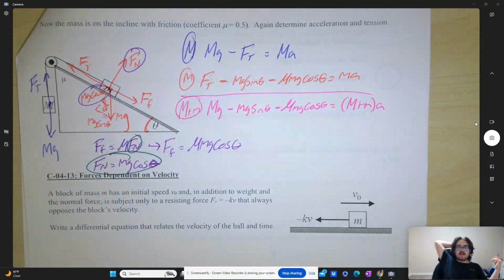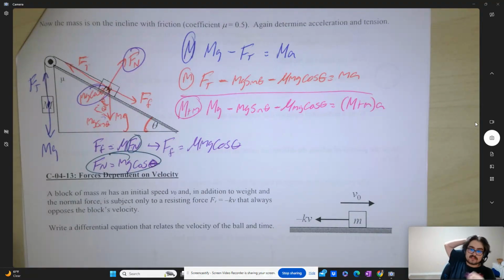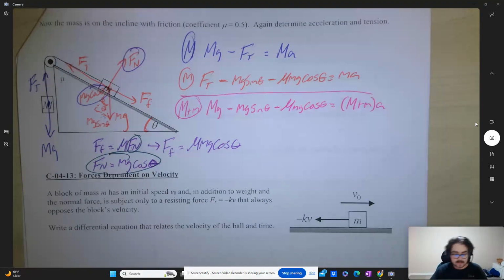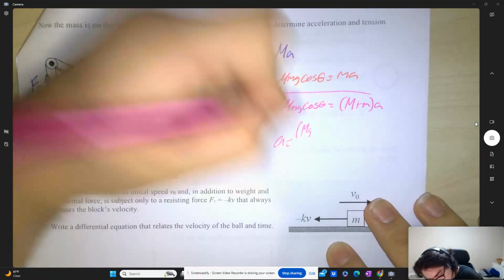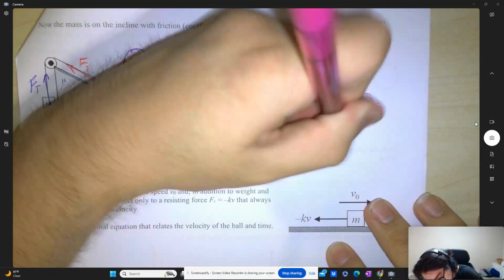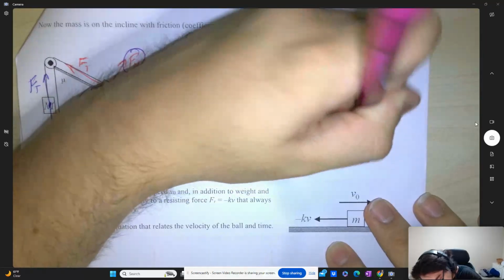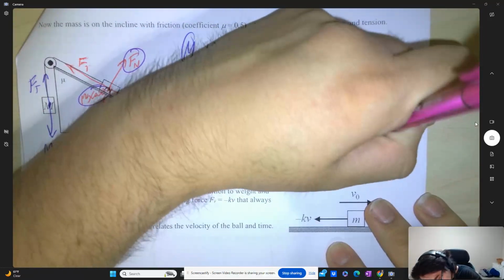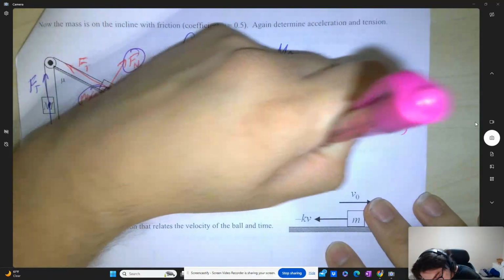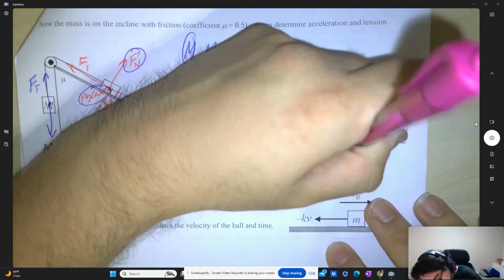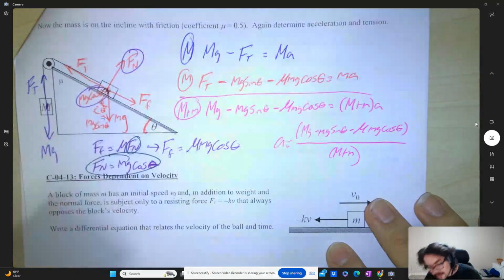The acceleration would be equal to capital mg minus little mg sine theta minus mu mg cosine theta, and you put the whole thing over capital M plus little m. Boom, there you go.